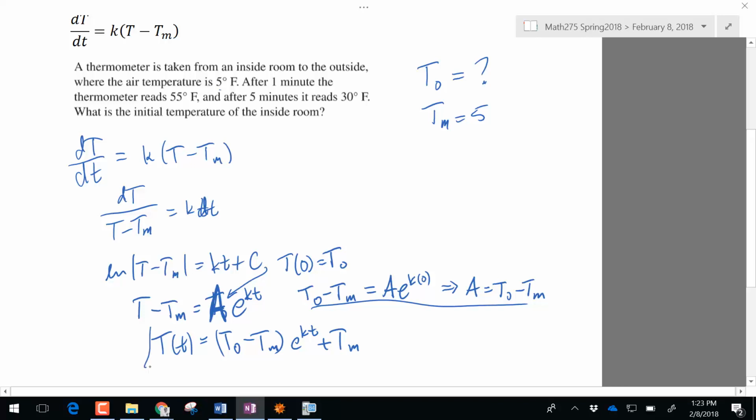So we're looking for T naught. We don't know what k is equal to. We know what Tm is equal to, so we could put Tm is equal to 5 degrees, and then we'll solve for the rest of this, hopefully.